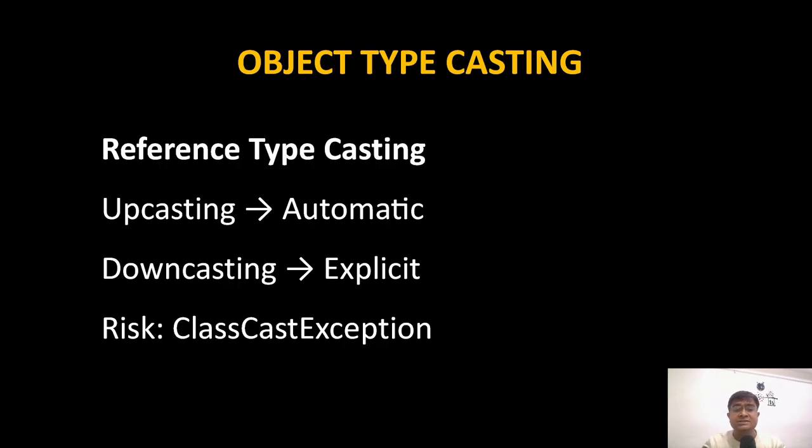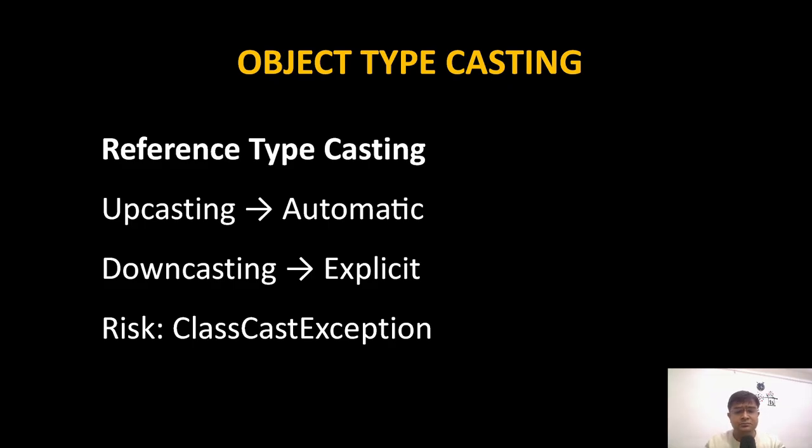Typecasting in Java is not only about primitive data types. It applies to objects also. That means you are applying typecasting to objects as well. Upcasting is automatic. Downcasting you have to explicitly mention, but there is a risk of ClassCastException.